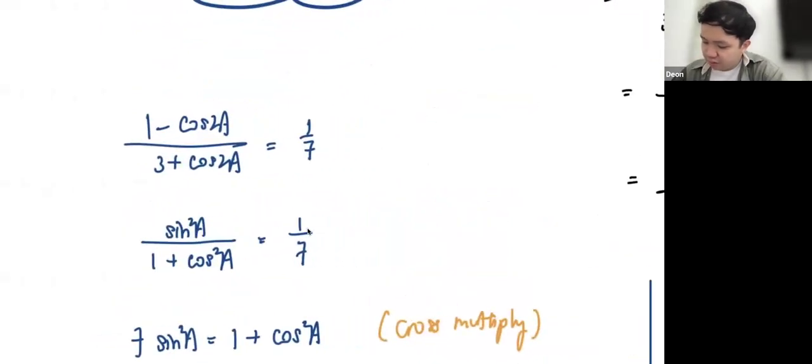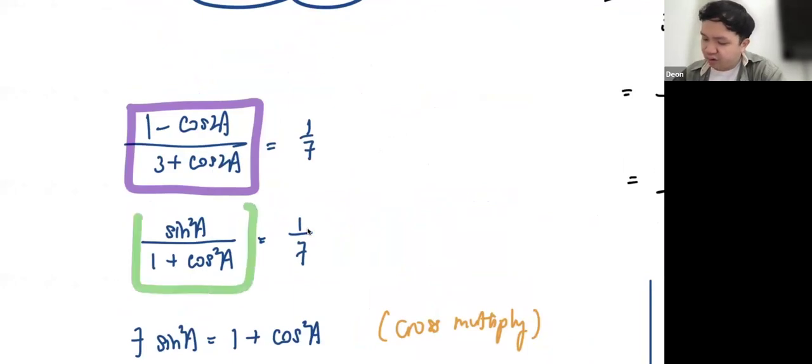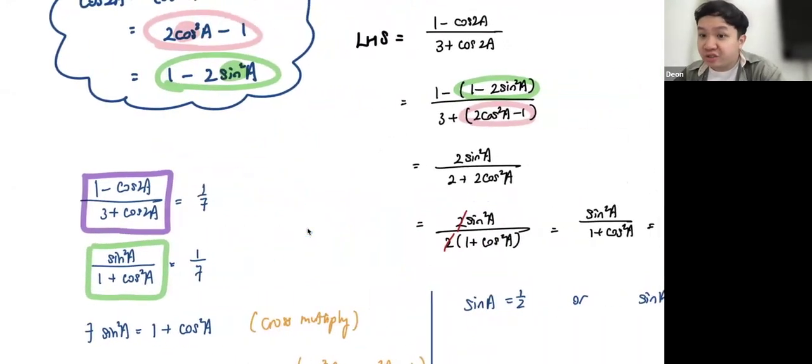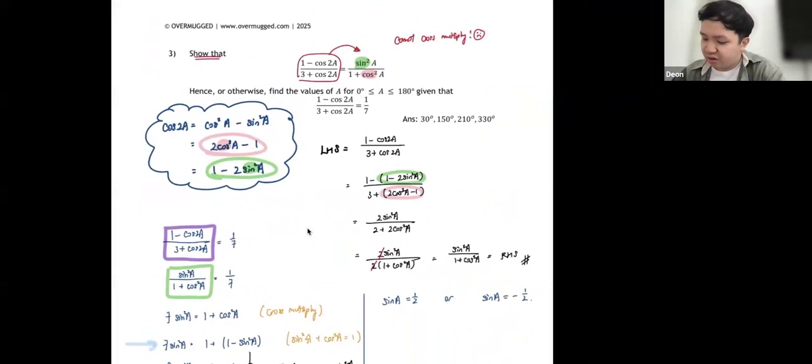This purple to this green is me using what I did earlier here. In the first part, I already showed that the purple box and the green box are exactly the same.